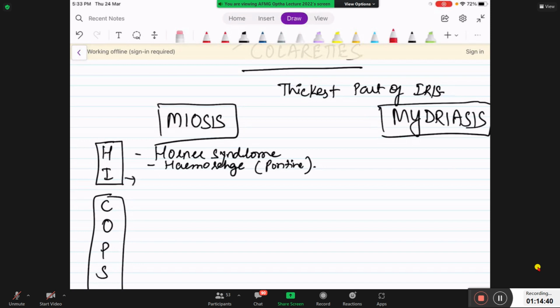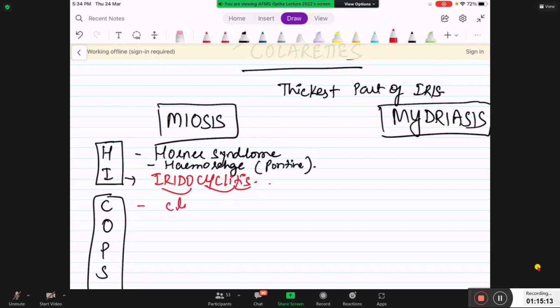Now I stands for iridocyclitis. Cyclitis means ciliary body, and itis means inflammation. So inflammation of the iris as well as the ciliary body is called iridocyclitis, also called anterior uveitis. We will discuss iridocyclitis later in uveitis, right?